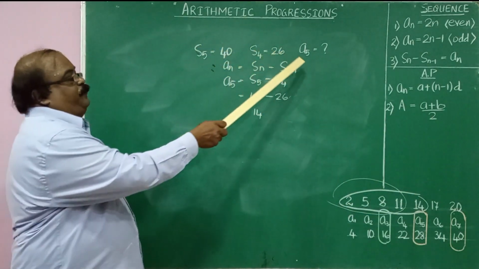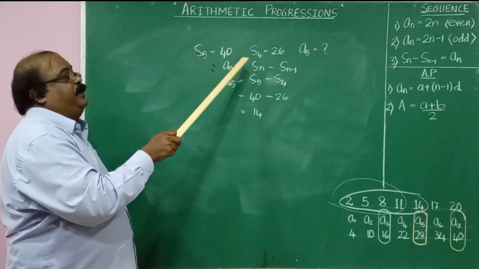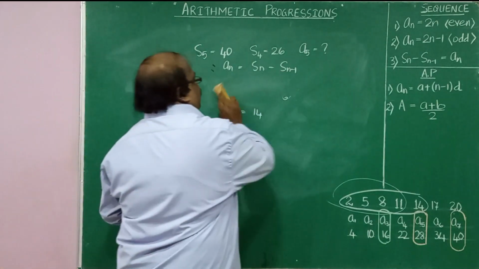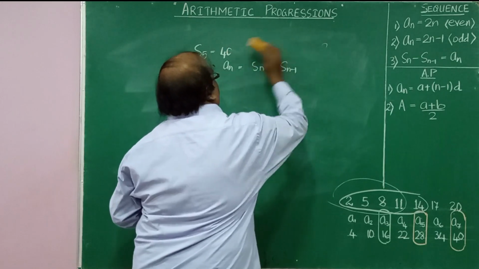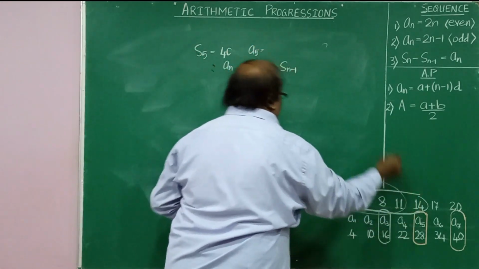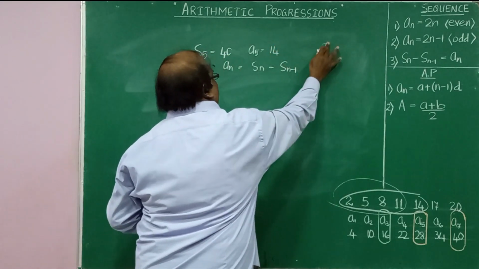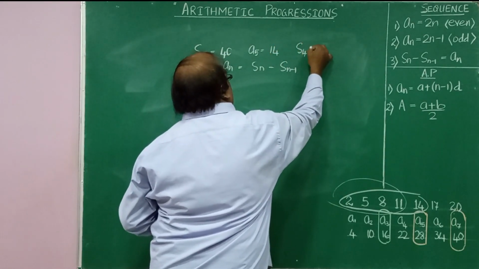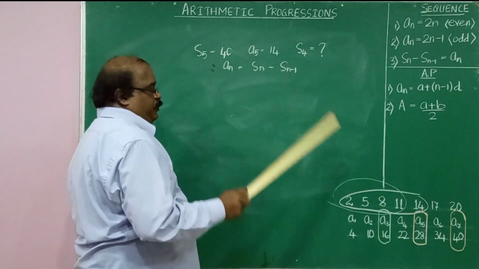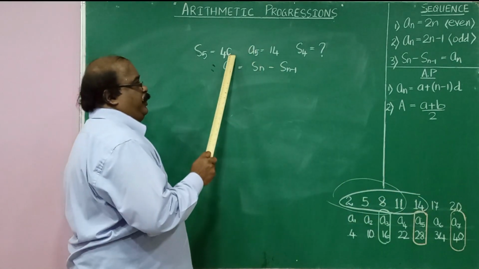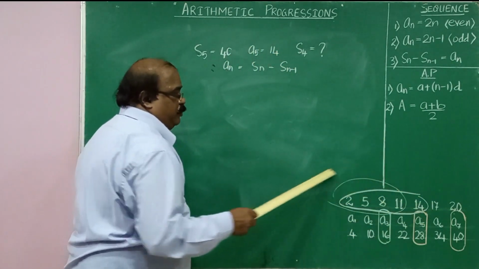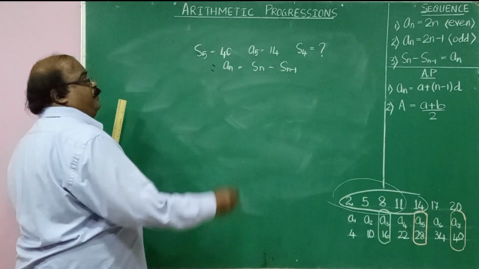Sometimes they may give you the fifth term and S5, and ask you to find out S4. The same formula. Supposing I give you A5, the fifth term is 14, whereas this time I am asking you what is S4. I have taken the same sequence. I have given you the value of S5, that is 40, and the value of the fifth term, which is 14. I am asking you to find S4. Same formula.